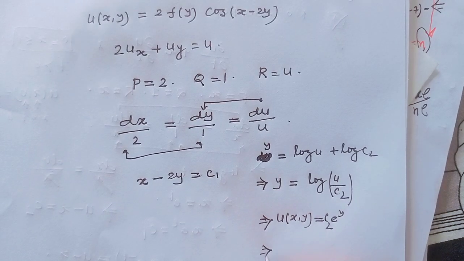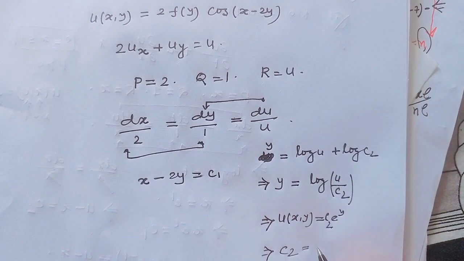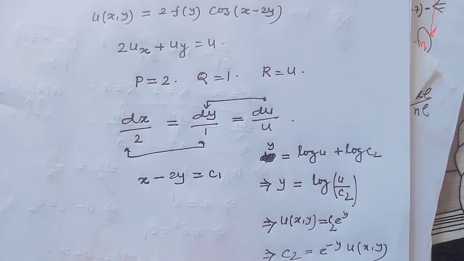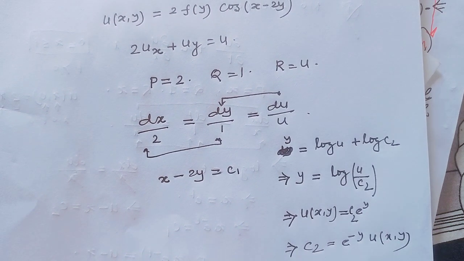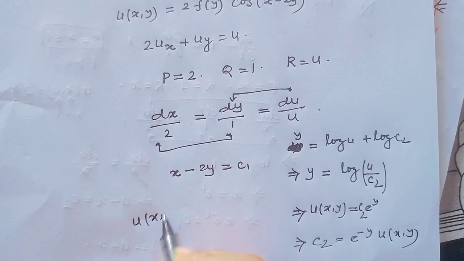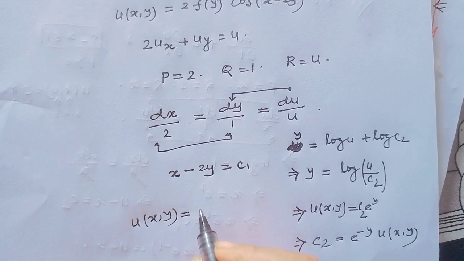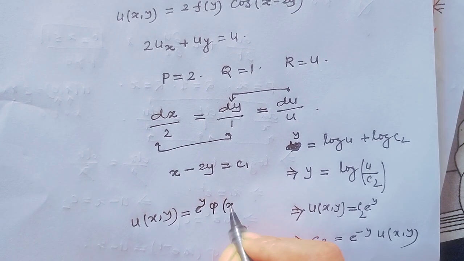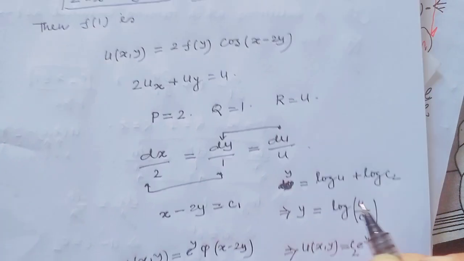So that implies c2 equal to e to the power minus y times u_xy. So u_xy equal to e to the power y times phi of x minus 2y.